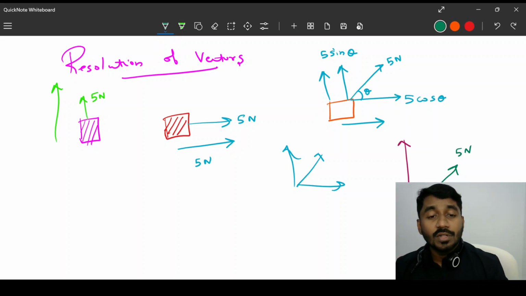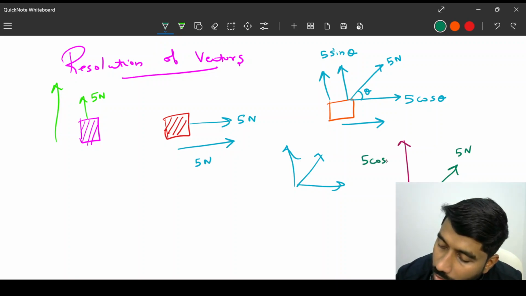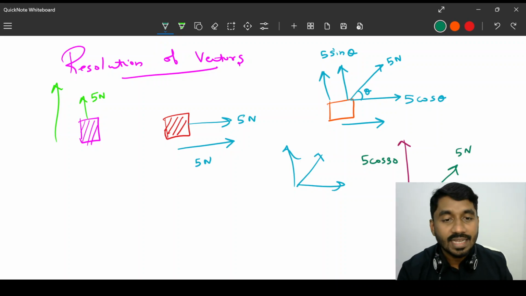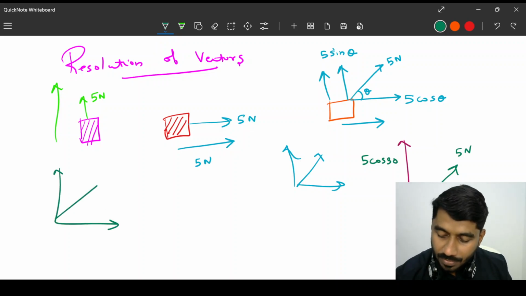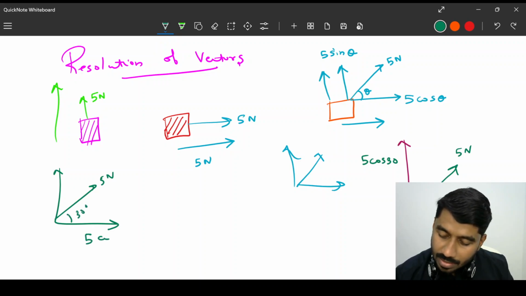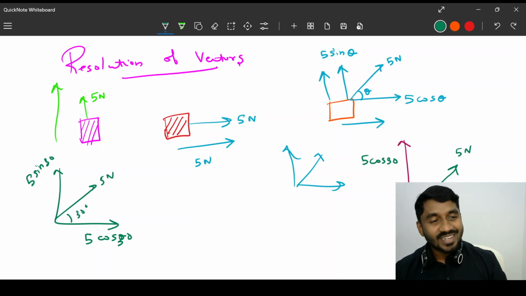This 5 Newton will be resolved into 5 sin 30 and 5 cos 30, correct? So I will draw here. This is 5 Newton and this is 30 degrees. That is resolved into 5 cos 30 and 5 sin 30, correct?